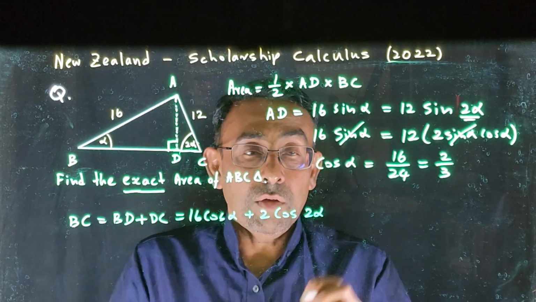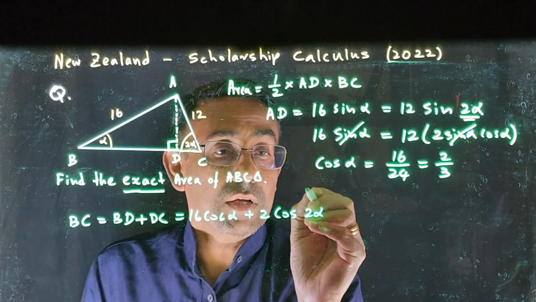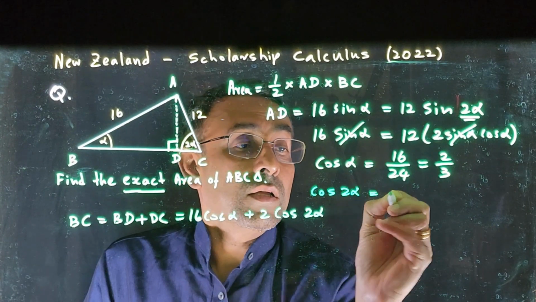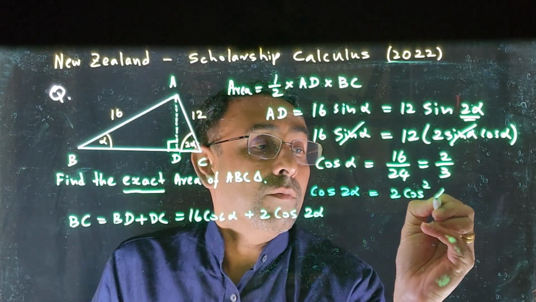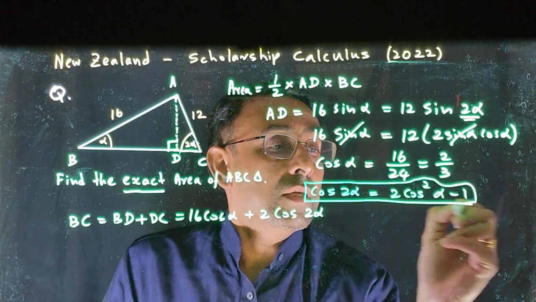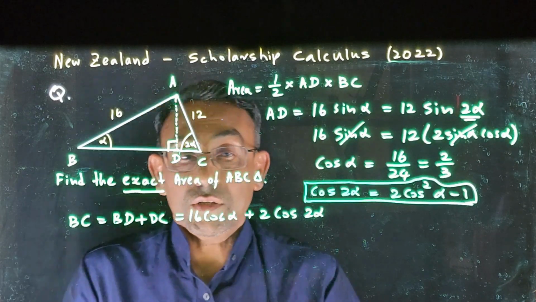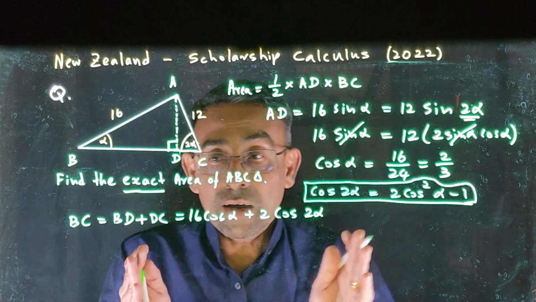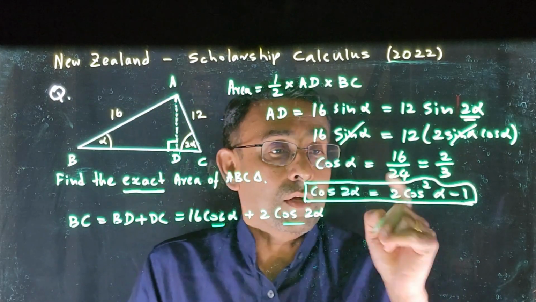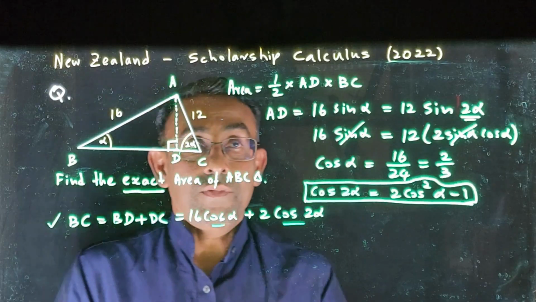So we can use the double angle formula again: cos 2 alpha is equal to 2 cos squared alpha minus 1. This is a trigonometric identity that you can use straight away. If you know cos alpha, you can find cos squared alpha. So we can find cos 2 alpha, which means we can find BC.